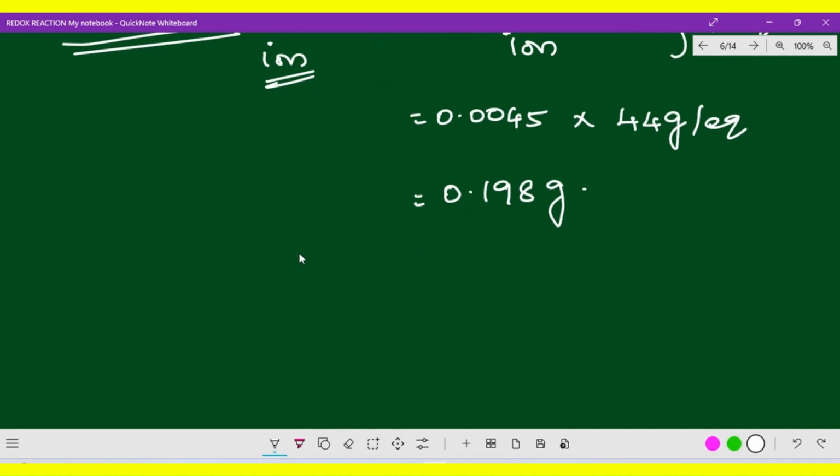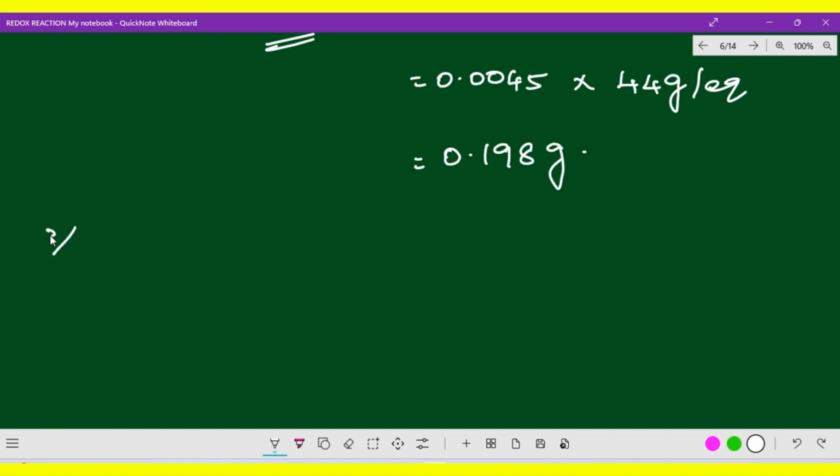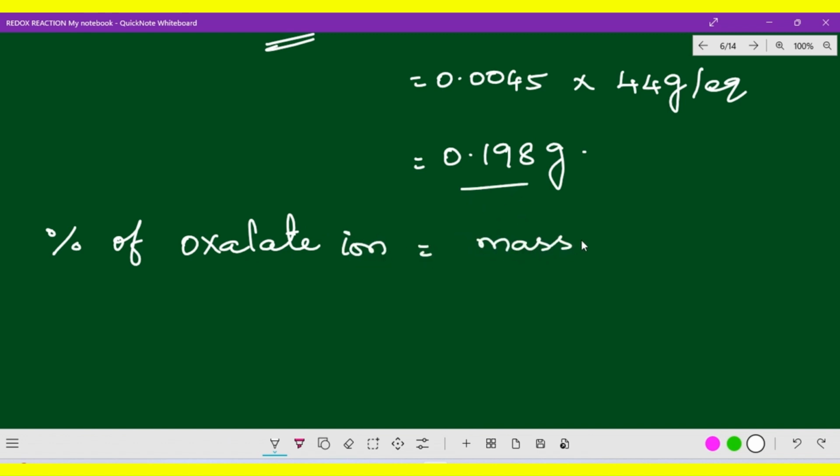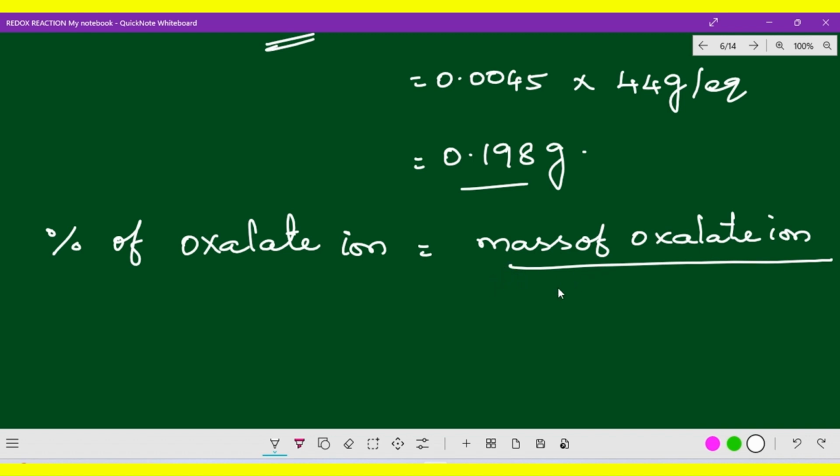Now we have to identify the purity percentage of oxalate ion. How to identify? Mass of oxalate ion divided by given mass of sample. The given mass is 0.30 gram, they mentioned sample in the question.